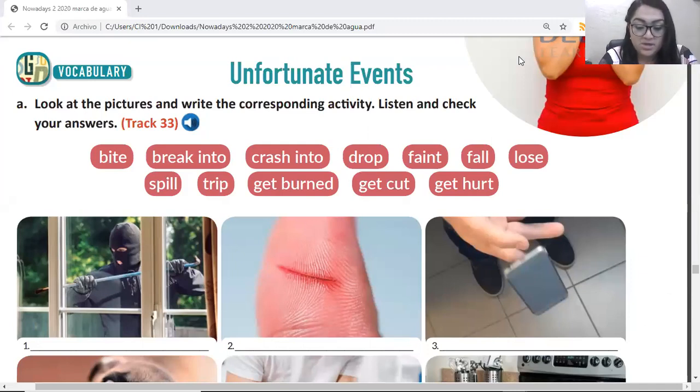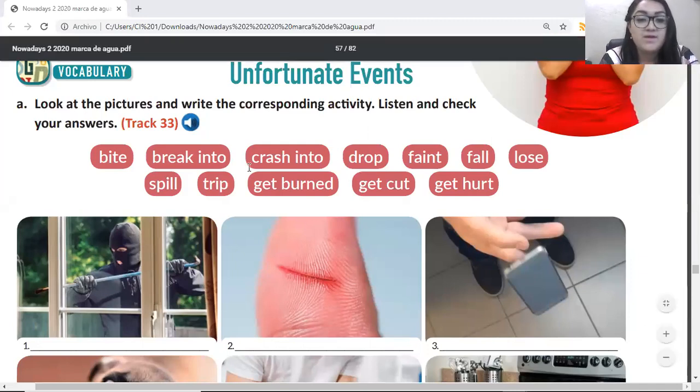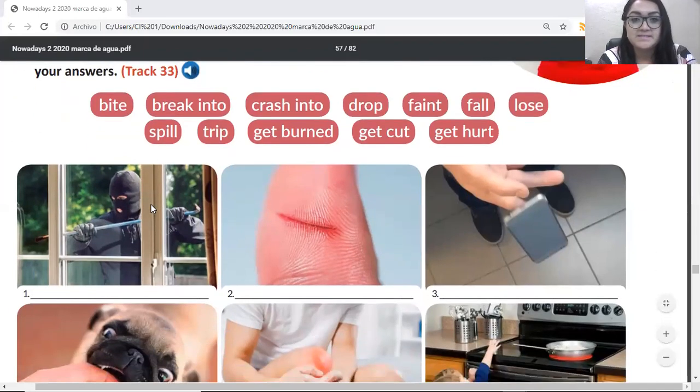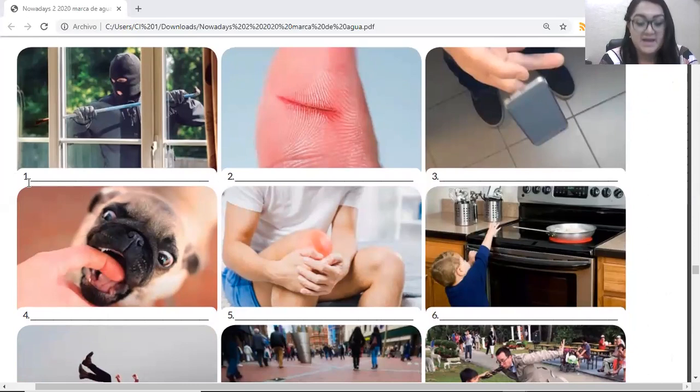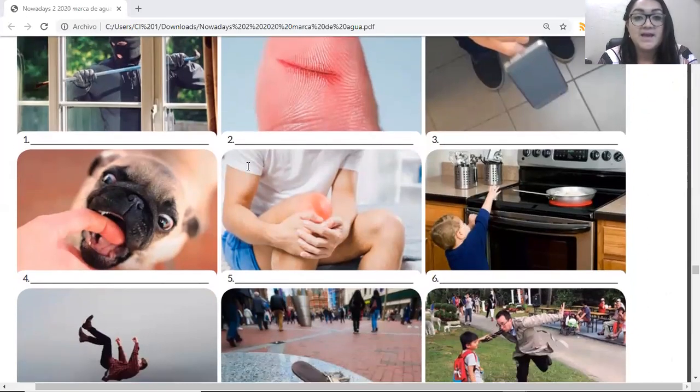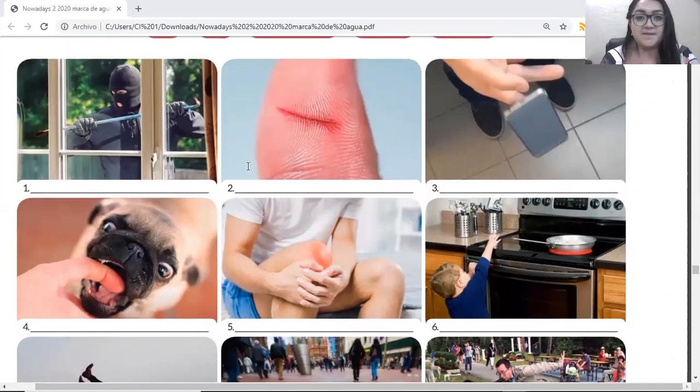Okay? So let's check the vocabulary in order to correct the last homework. Number 1 is break into. Number 2 is get cut, cortarse. Number 3 is to drop, que se te caiga.